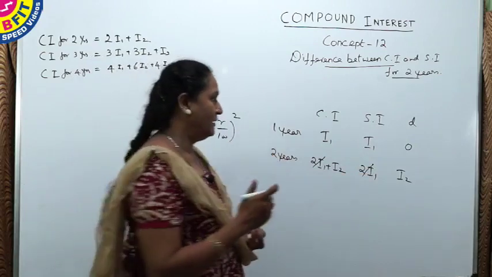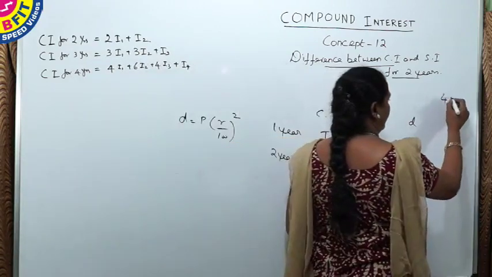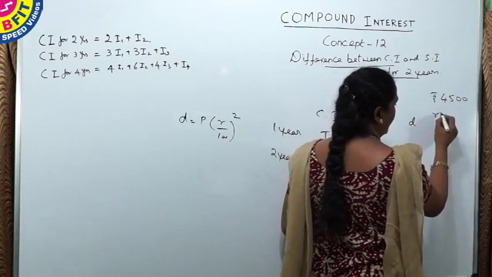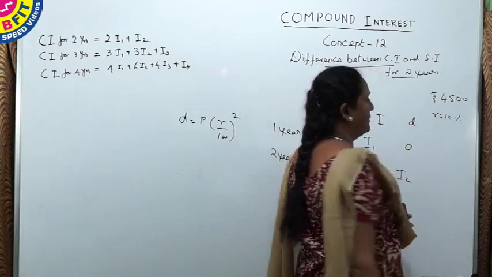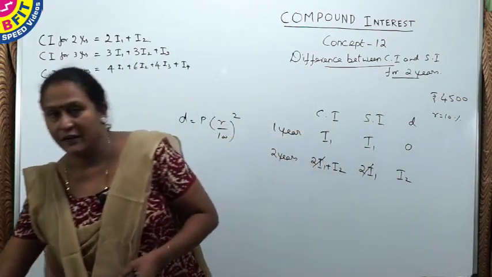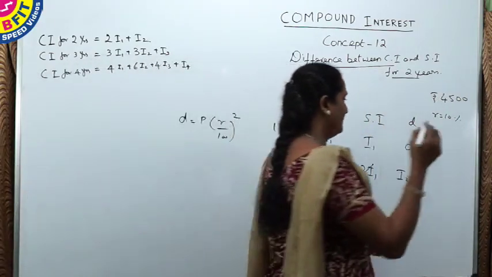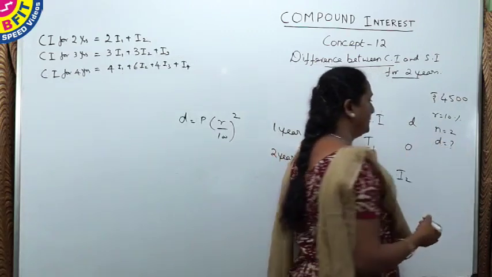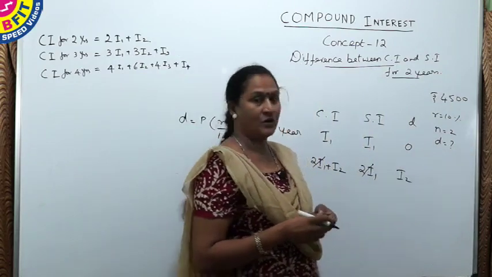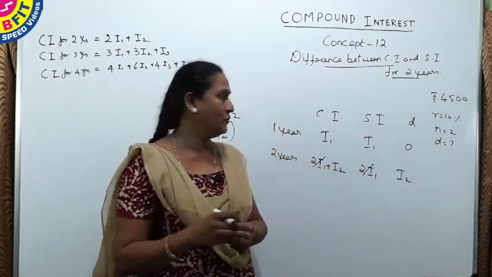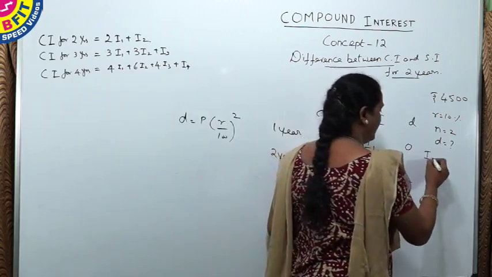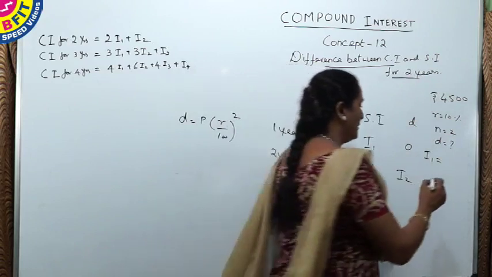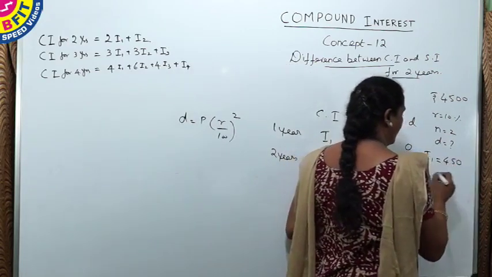Say for example, 4,500 and the rate is 10%. If the difference between CI and SI for 2 years is asked, what is the difference? We will find I1, because we have to find I1 to find I2. What is I1? It is 10% of 4,500, which is 450.